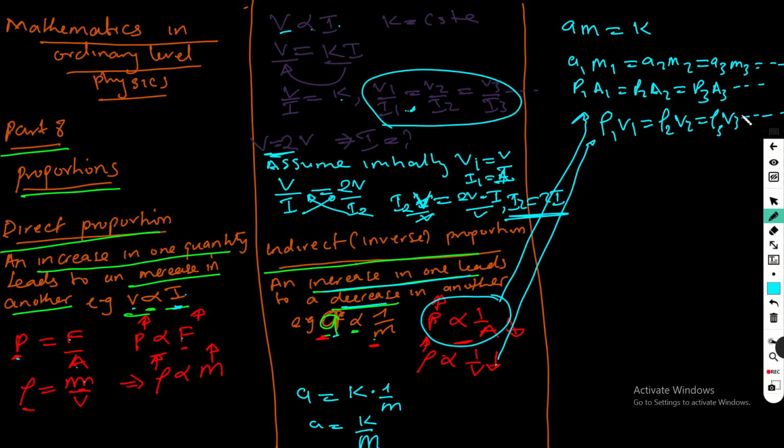So if I say, okay, the initial volume, you see now, the initial density 1 was rho, initial volume was V. Now they are saying that the volume has increased by 2, right? So V2 now is 2V1.